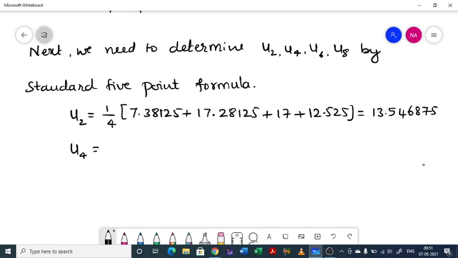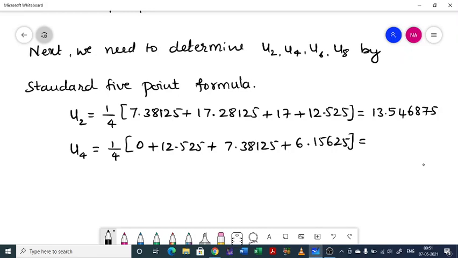U4 is 1 by 4 times of 0 plus 12.525 plus 7.38125 plus 6.15625. So it will be 6.515625.